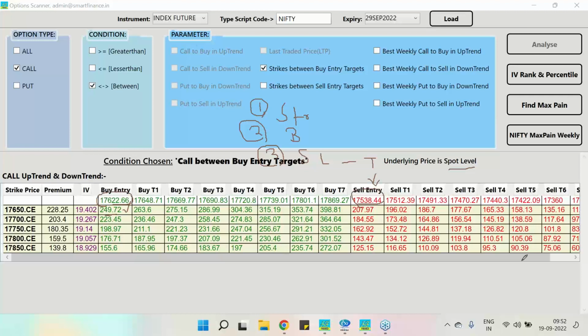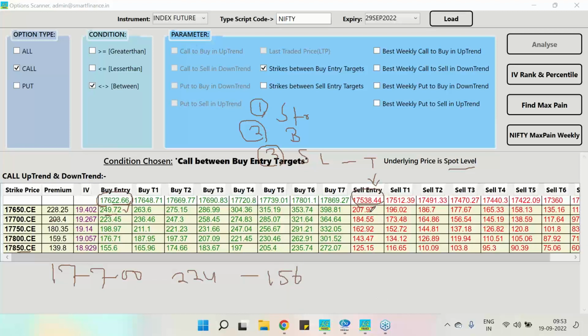Suppose you see that there is a stop loss. You can do some management with that. You can write some options, like buy the 700 call option and sell the 850 call option. Say I am purchasing the 17,700 call option at 224 rupees, and simultaneously selling the 17,850 call option at 156 rupees, because there is a big stop loss.